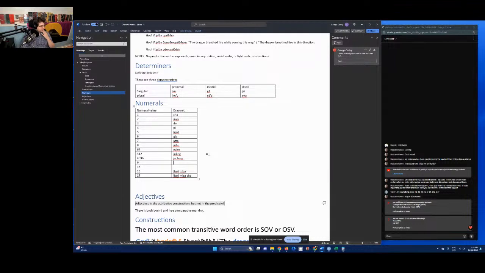Prefix or a suffix? No, let's go with, you know what, let's figure out something else first, and then we can go back and decide how that's going to factor in.